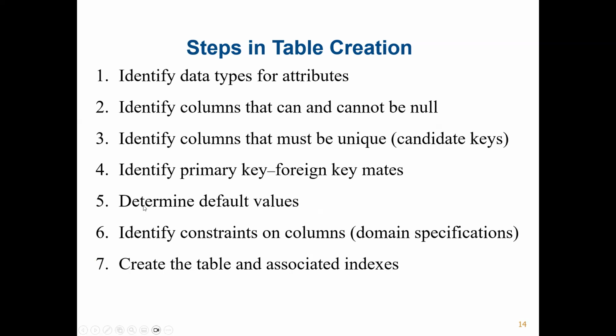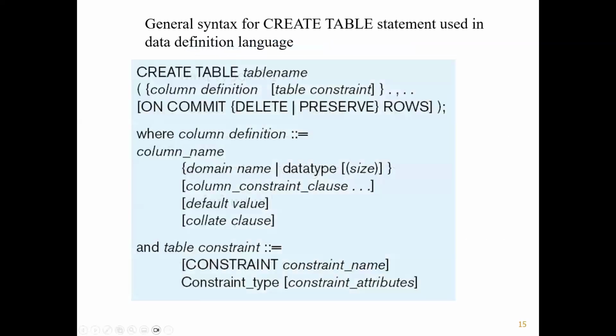If you think any field should have a default, we can set the default value. Then if there are any constraints, we should also identify the constraints on the columns. Then we create a table and also the associated indices, if possible. Indices also speed up access to our data. As we said, we are not going much into this in our lectures.